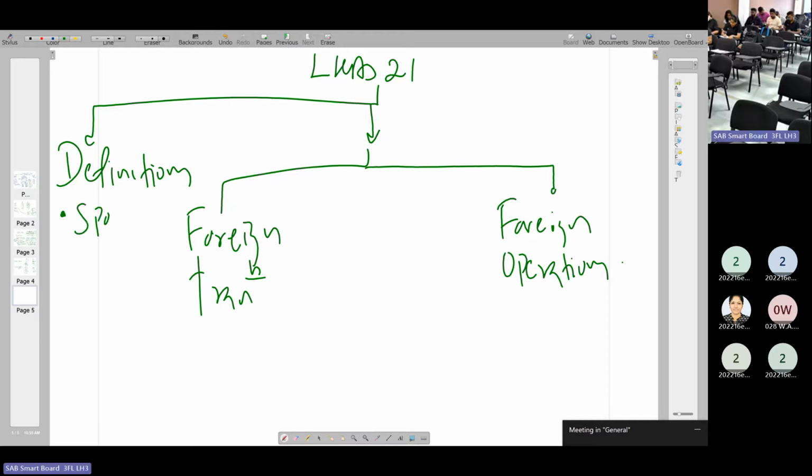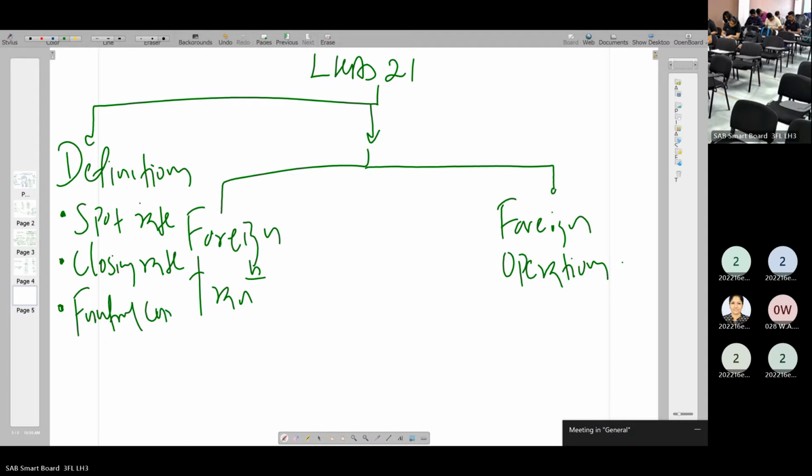Quote rate, closing rate, functional currency, presentation currency, monetary assets.